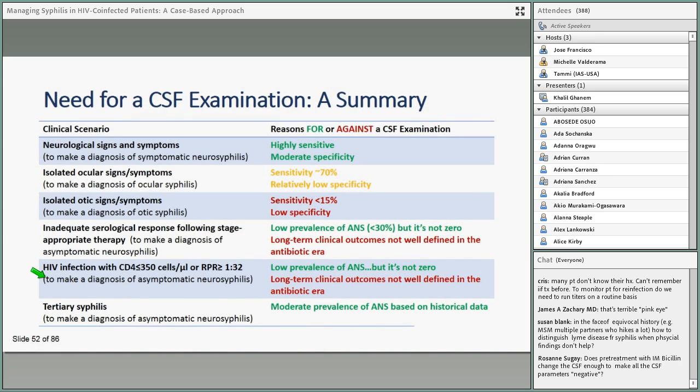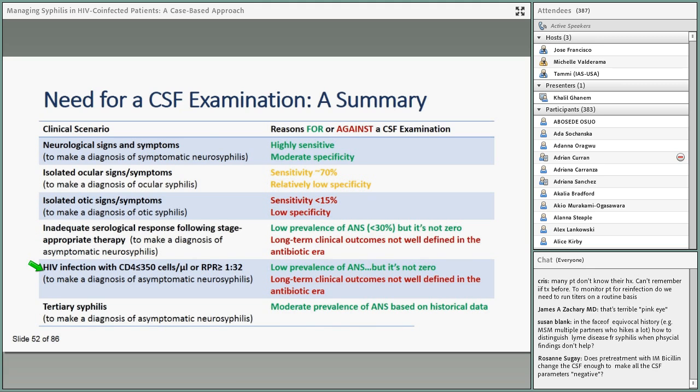If you suspect somebody has ocular syphilis and the ophthalmologist tells you, hey, this guy has uveitis, whether the LP is normal or abnormal, you're going to go ahead and treat them with 14 days of IV penicillin. So you don't need a CSF exam to make a diagnosis of ocular syphilis. You need a CSF exam to make a diagnosis of neurosyphilis.